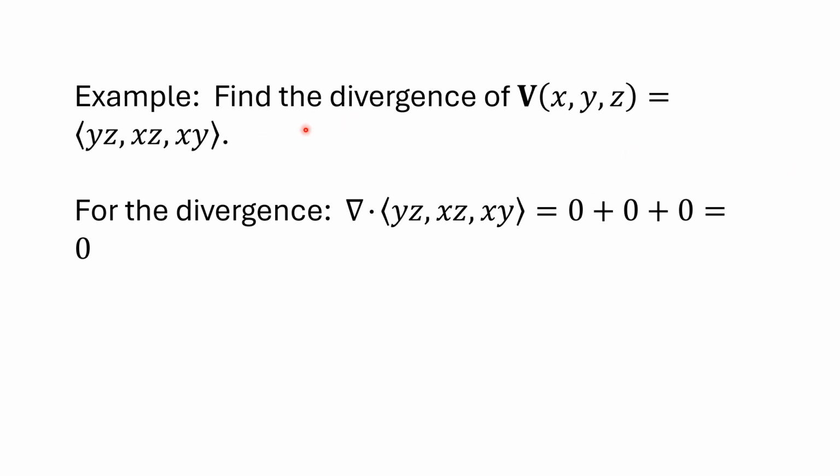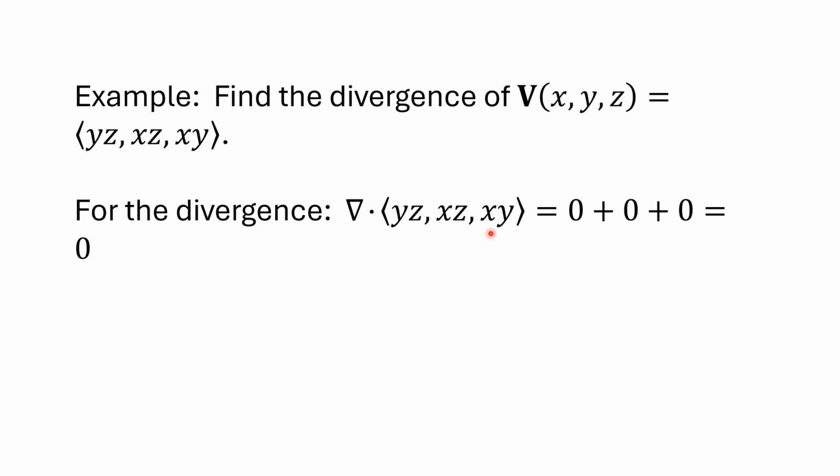Another example: find the divergence of V(x,y,z) equals yz, xz, xy. So if I take del dotted with yz, xz, xy, the partial with respect to x of yz is 0. The partial with respect to y of xz is 0.